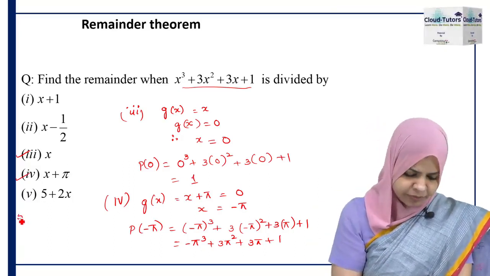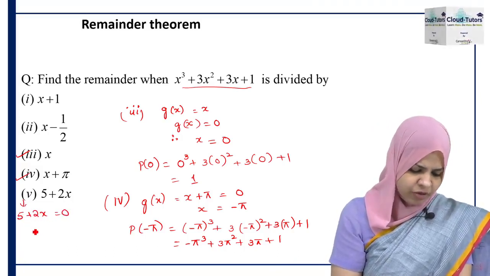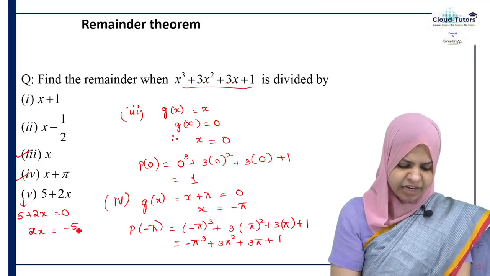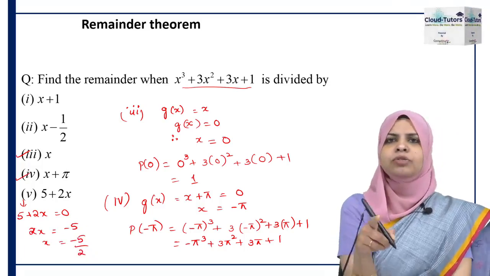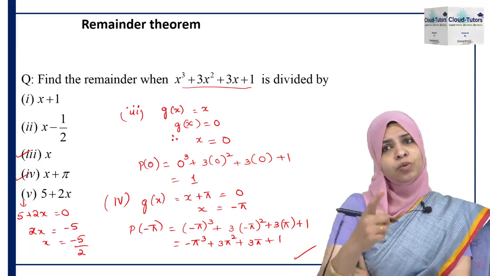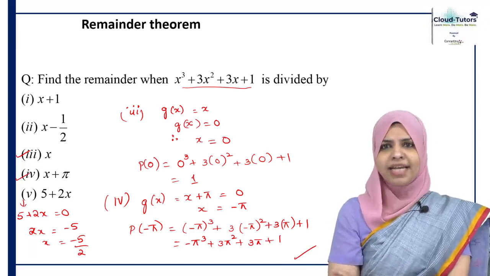If I take up the fifth one, 5 plus 2x is equated to 0, 2x is equal to minus 5, x is equal to minus 5 by 2. Then you substitute this in the given expression and simplify. Definitely this needs simplification. Take this also as part of your homework and try to solve it.